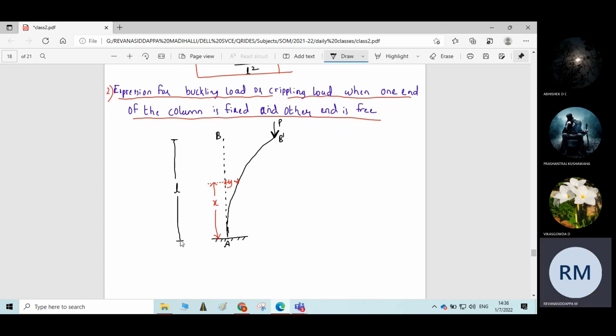Let us assume A is the deflection at length L. Because one end of the column is free, it will easily deflect like this. So A is the deflection at point B.